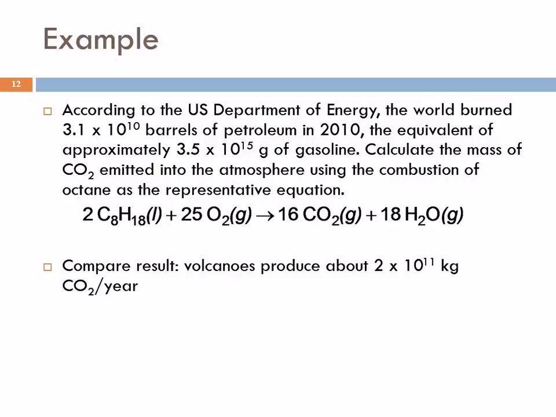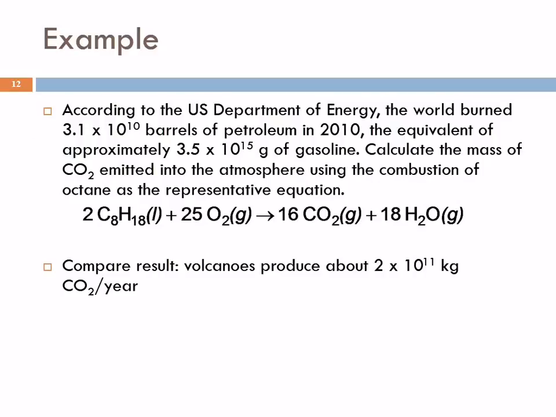Volcanoes produce about 2.1 times 10 to the 11th kilograms of carbon dioxide per year. How many significant figures in this barrels of petroleum? Just 2. Okay. This is not an exact number by any stretch of the imagination, right?